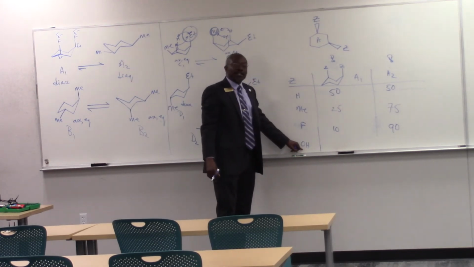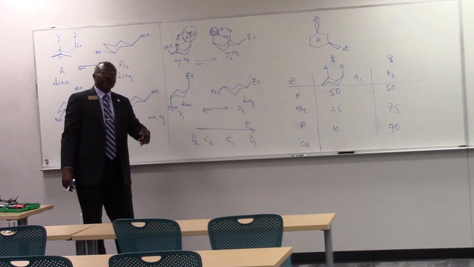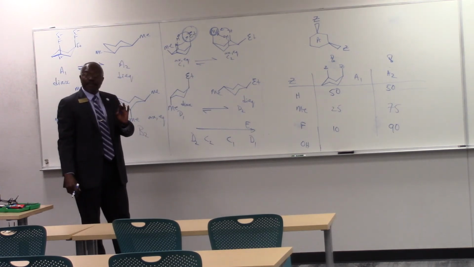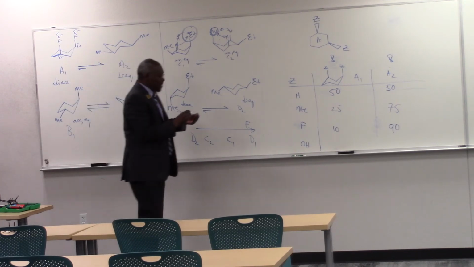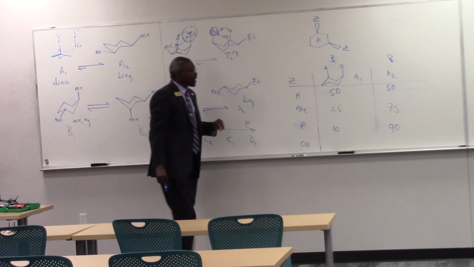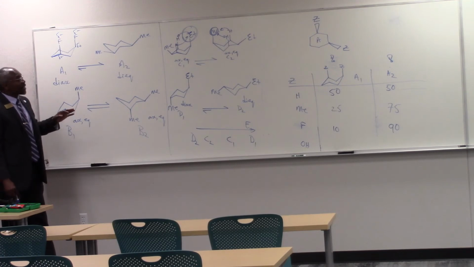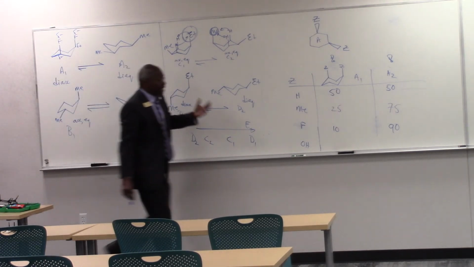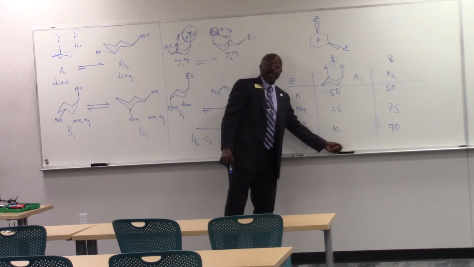Well, what if I had OH? So the OH group is a little bit bigger than fluorine. It's a little bit smaller than methyl. So I might have expected it based upon steric factors to be sort of somewhere in the middle maybe. Plus, because the O is electronegative and slightly bigger than the F, I might think of the number being somewhere even less than 10.